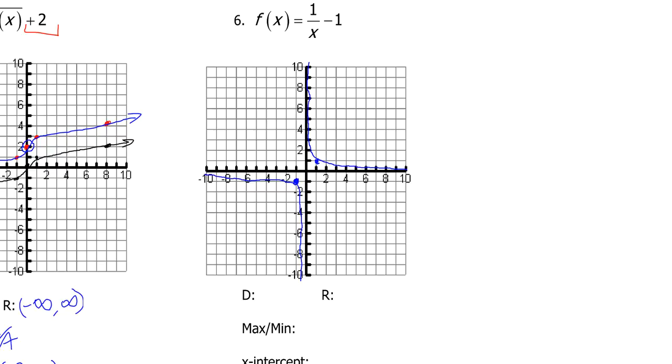Now, it says that we're going to move it all down 1 unit. So everything's going to get moved down 1 unit. Right there. So what does that mean? Well, it's going to look very, very similar.